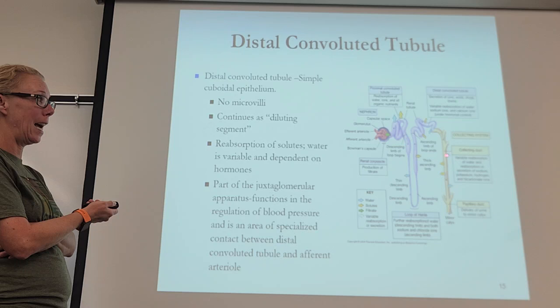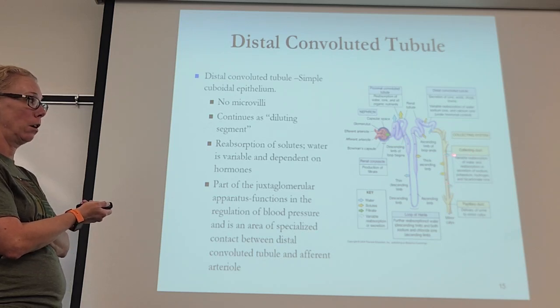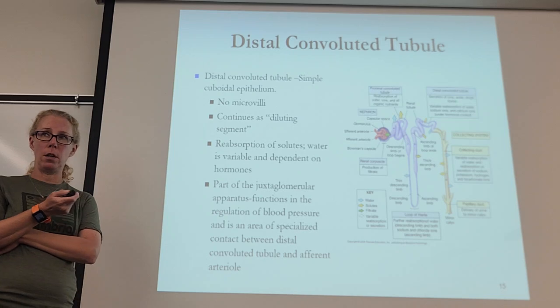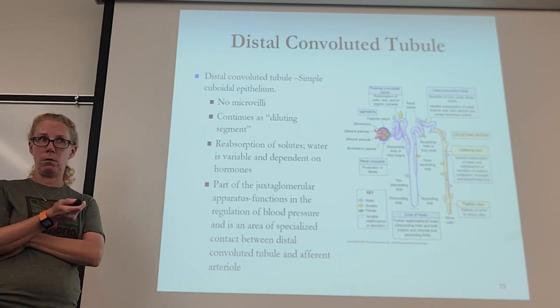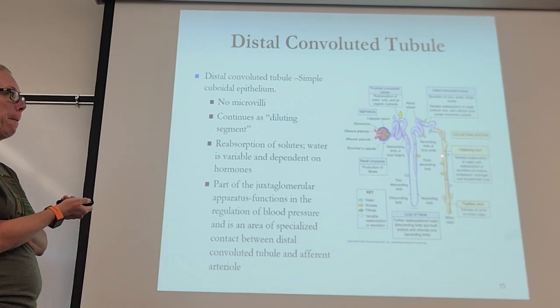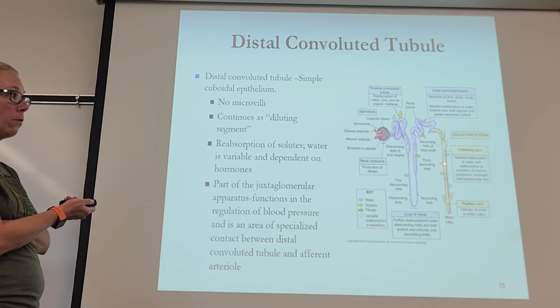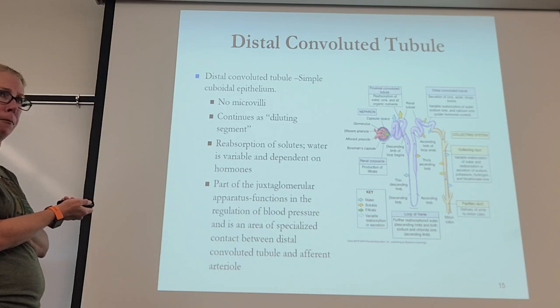This is kind of like your last ditch effort to reabsorb any water should you need to. So the collecting duct is also under the influence of ADH and aldosterone. Okay? You can also secrete things from a bloodstream into the collecting duct to get rid of. Okay? And if the collecting duct is in the medulla of the kidney, then where are these secretions coming from?